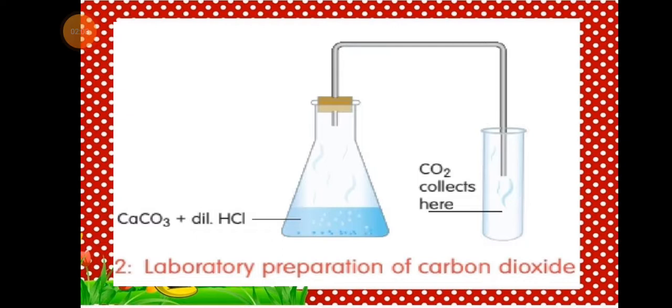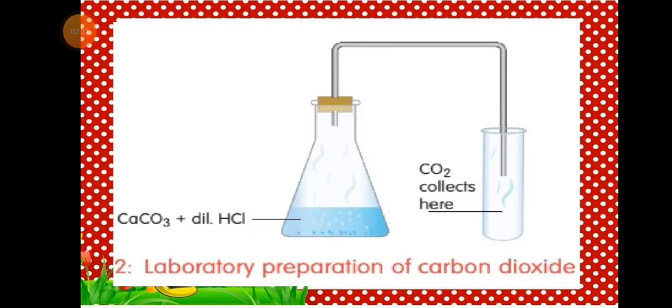To prepare carbon dioxide, dilute hydrochloric acid is taken in a flask and calcium carbonate is added to the flask. Immediately, we need to close the mouth of the flask with a cork fitted with a tube. You can see the picture here.